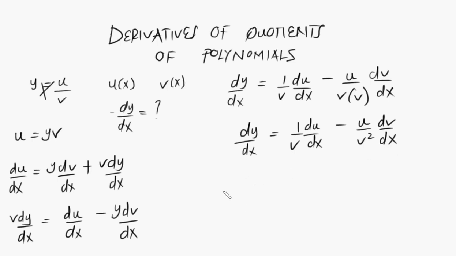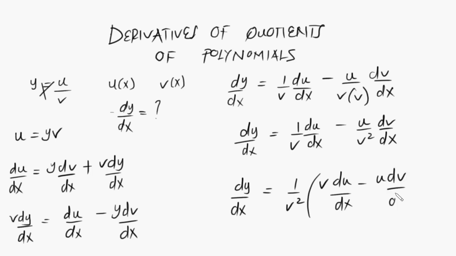So if I factor out 1 over v squared here, dy/dx is just going to be equal to 1 over v squared. So here I remain with v, okay? You can see if I take v times 1 over v squared it becomes 1 over v. So there is that du/dx minus, this v squared comes out. So here I remain with u dv/dx.